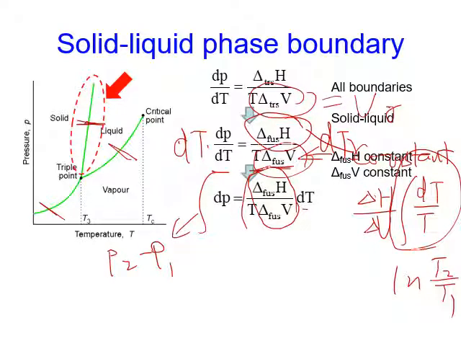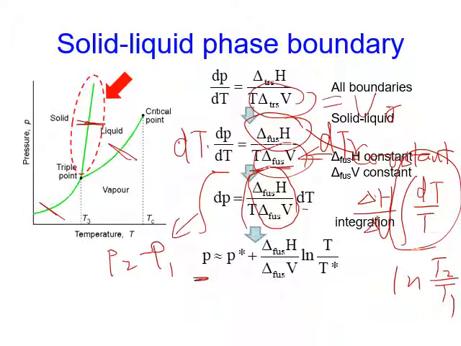The equation we now have is: the pressure equals the initial pressure, where the star means initial pressure. So you can think about this as P1 plus delta H fusion enthalpy over fusion volume times ln T over initial temperature.